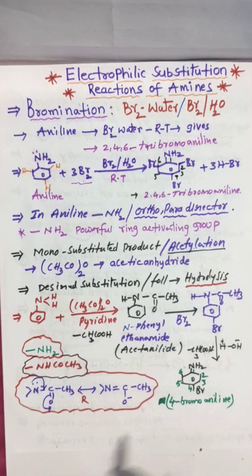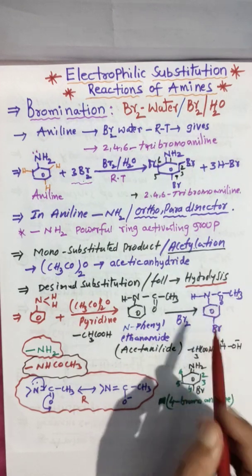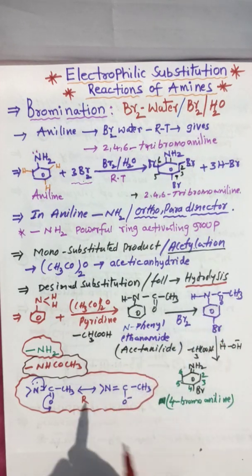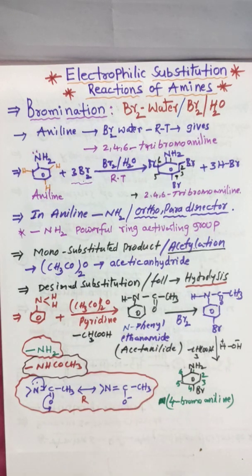This amide group is a less activating group due to resonance stabilization. This is very important for reactions. Clear? This is electrophilic substitution. And here what is the electrophile?